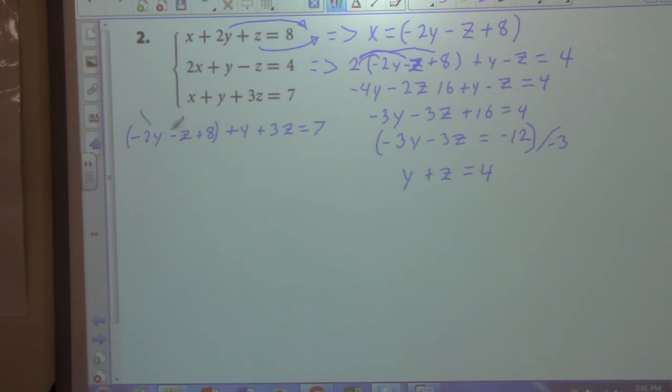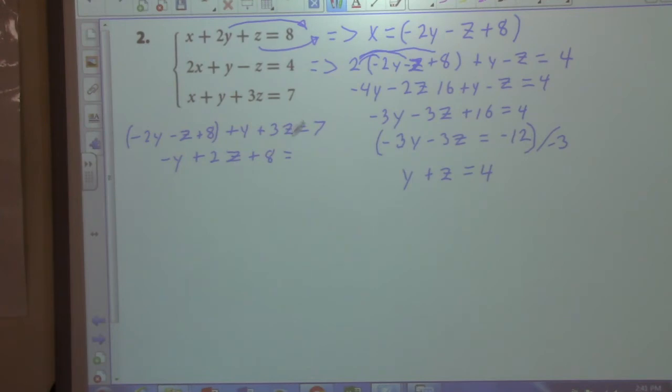Okay, let's look at this now. So now we have negative 2y, and see here, we don't have to distribute anything, do we? So we can just take this negative 2y plus y is negative y, and then we have negative z plus 3z is plus 2z, and then we have 8 plus 3z, no, plus 8 equals 7.